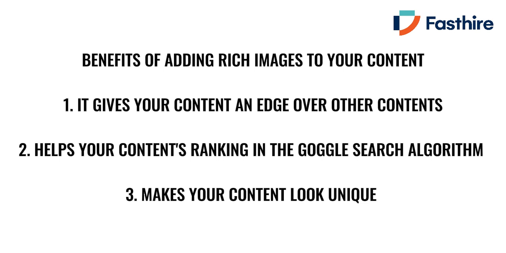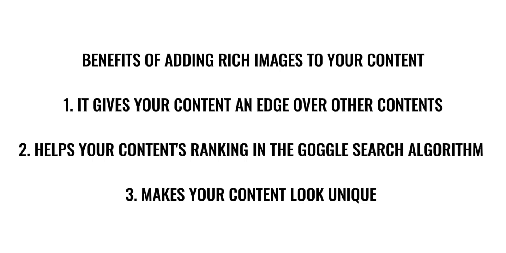So you need to add a rich image. You have to list down the top 10 richest people in the world and add that as text or an image to your content in order to give it this difference, this meaning, this uniqueness, you know. So if somebody is looking at your content and your content has these rich images, it makes your content look really unique.